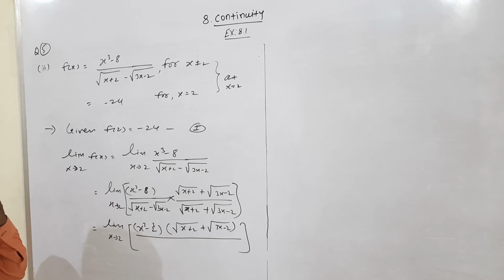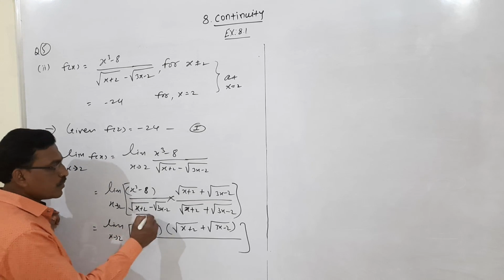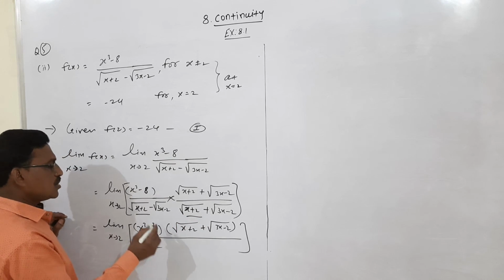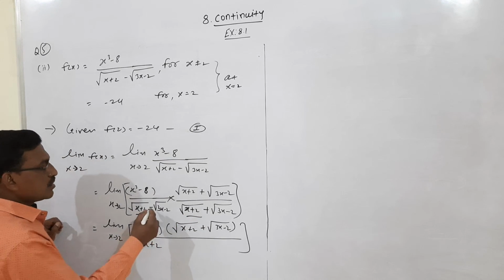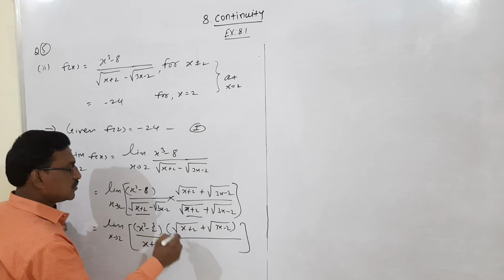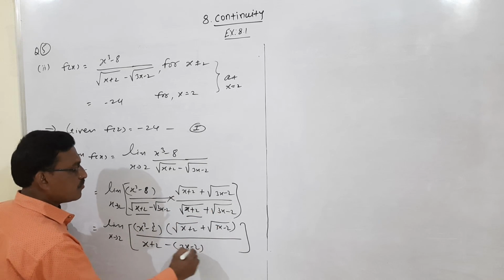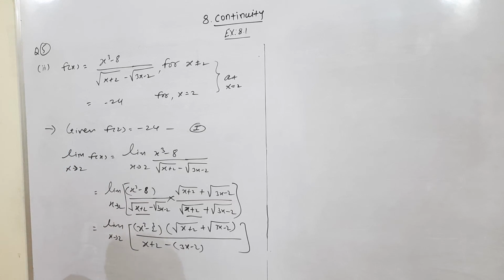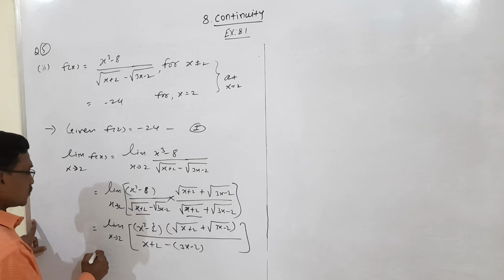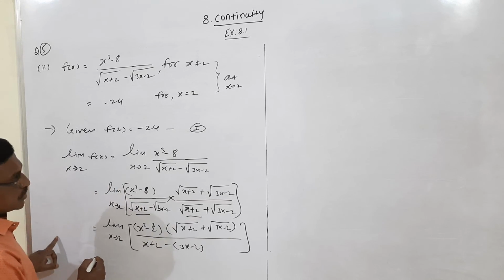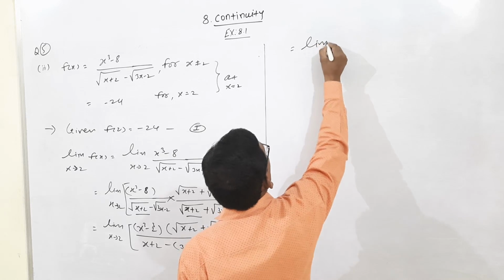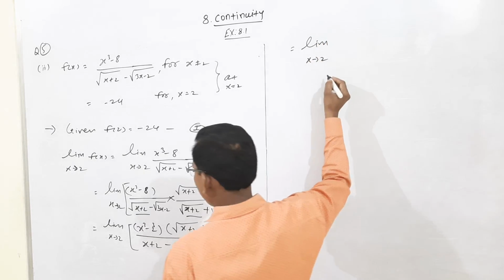In the denominator, when we multiply root of x plus 2 by itself, it is only x plus 2, which removes the square root sign. Then plus into minus is minus, and again the same term under the square root sign gives simply 3x minus 2. So it is equal to the limit as x tends to 2.